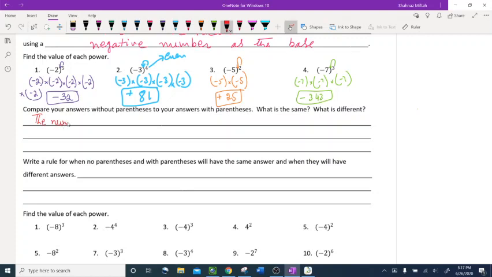The sign is sometimes the same and sometimes different.